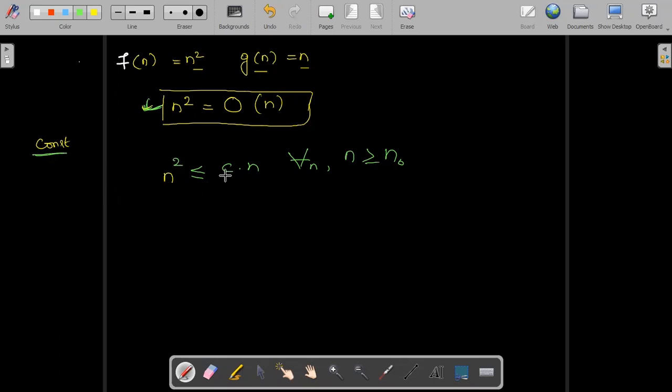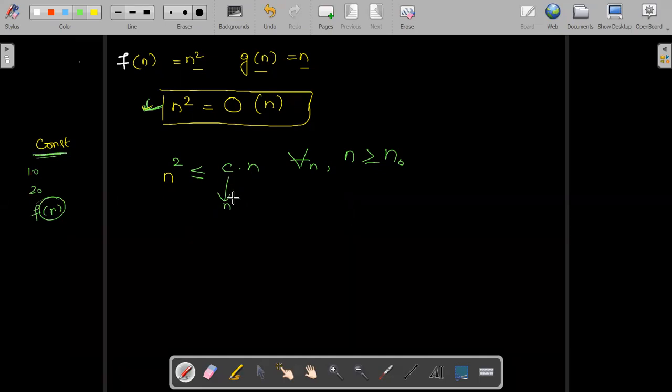Here I will tell you one more important thing. c is nothing but a constant. Suppose 10 is a constant, 20 is a constant, everything is constant, right? I cannot take a function as a constant here because a function varies. Yes or not? I cannot take n as a value here. That is a function, and a function cannot be constant here.